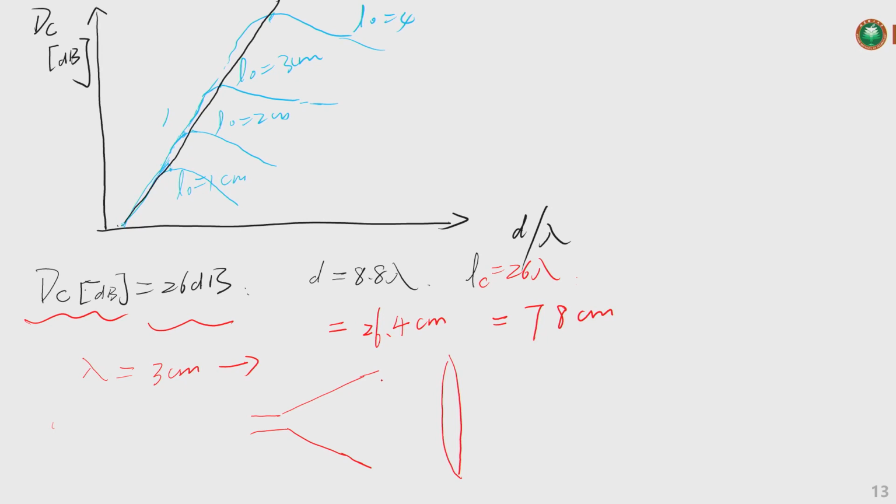And sometimes the maximum directivity is related to the collimated beam, from the spherical wave to the plane beam. It becomes collimated, and we use a lens.